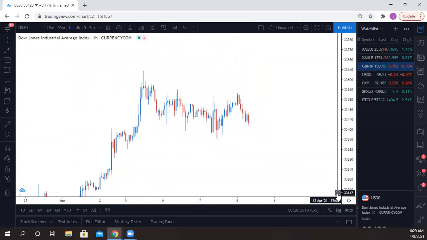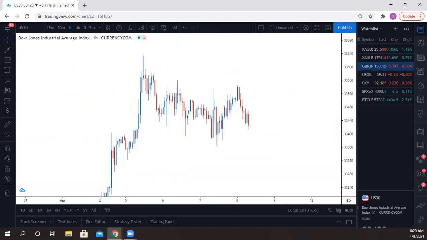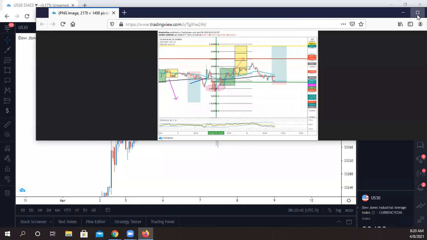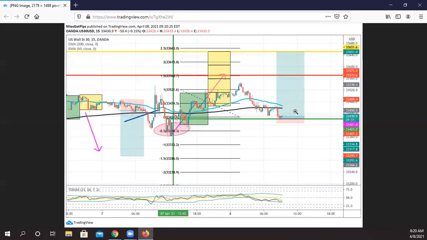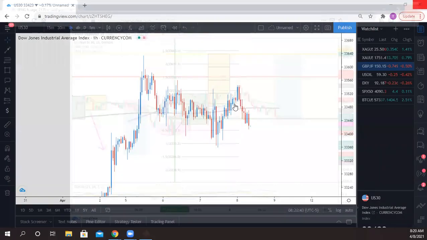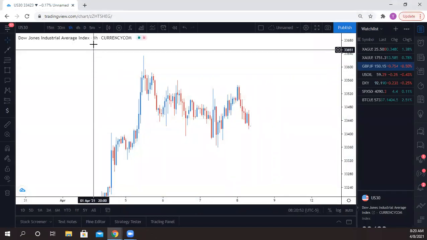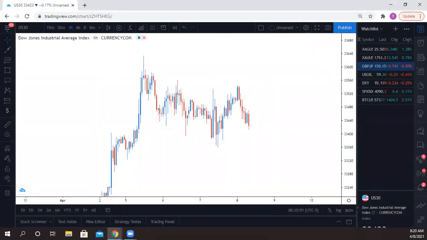US 30 buy. Let's take a look at your chart. I'm not really into the idea of the buys, but let's see here.